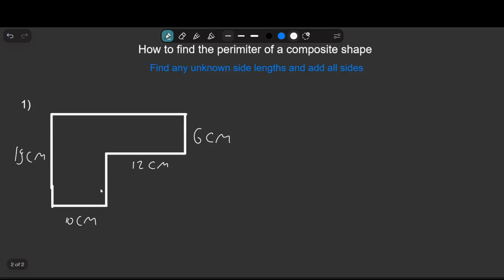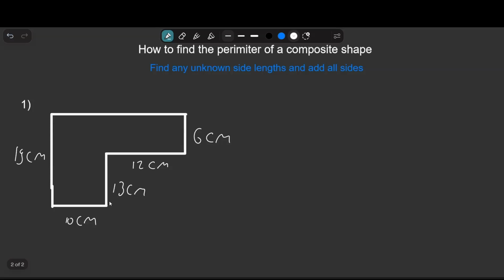So we have 19, and that's also part of this one, because this one is the same as this one, but this one is a bit shorter. It's missing this side. And we know this side, so this is right over here. So we can do 19 minus 6, or something plus 6 equals 19, and that's 13 centimeters.